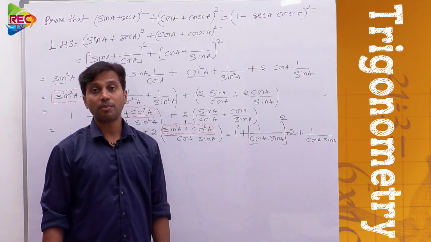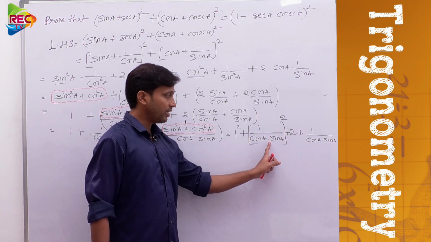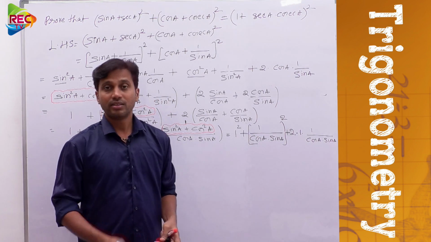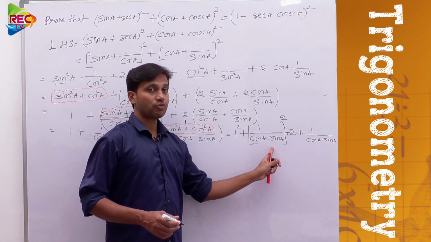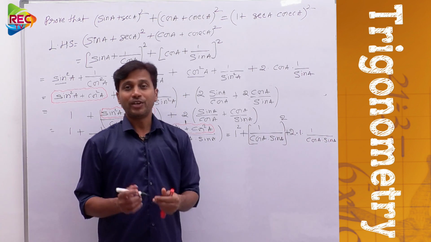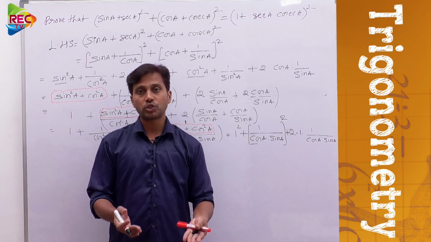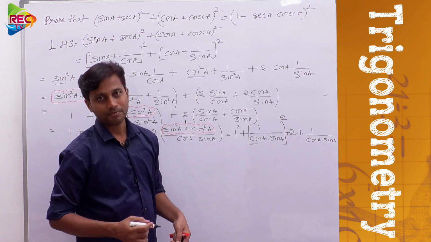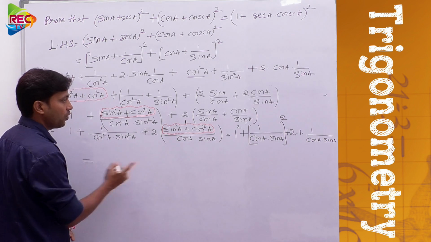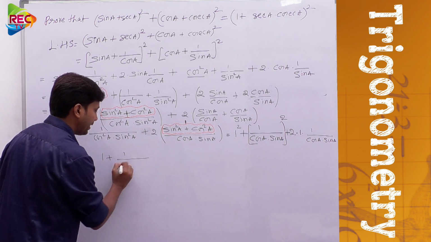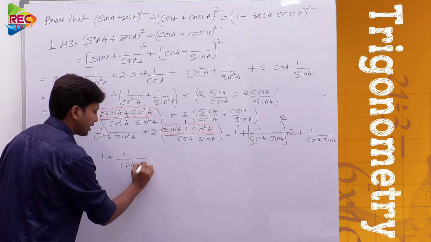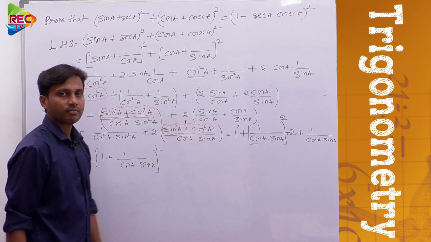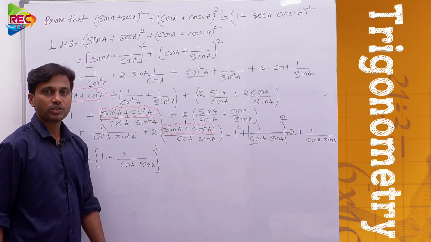Exactly, this is in the form of A square plus B square plus 2AB, which is an expansion of A plus B whole square. Here A is 1 and B is 1 by cos A sin A. So this is an expansion of 1 plus 1 by cos A sin A whole square.